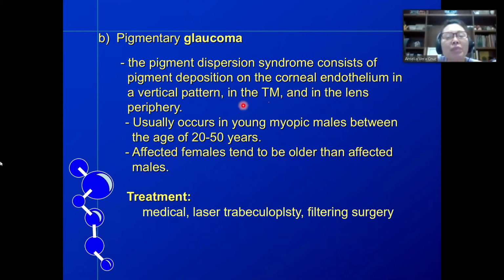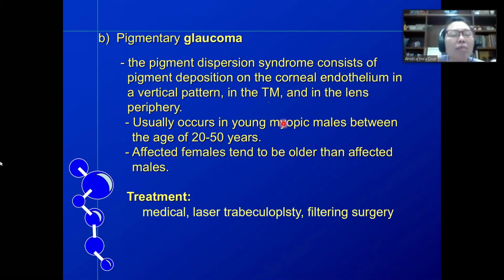There is also pigment deposition in the trabecular meshwork and in the lens periphery. So this one, kanina, the whitish fibrillar material deposition. This one naman are pigment deposition.